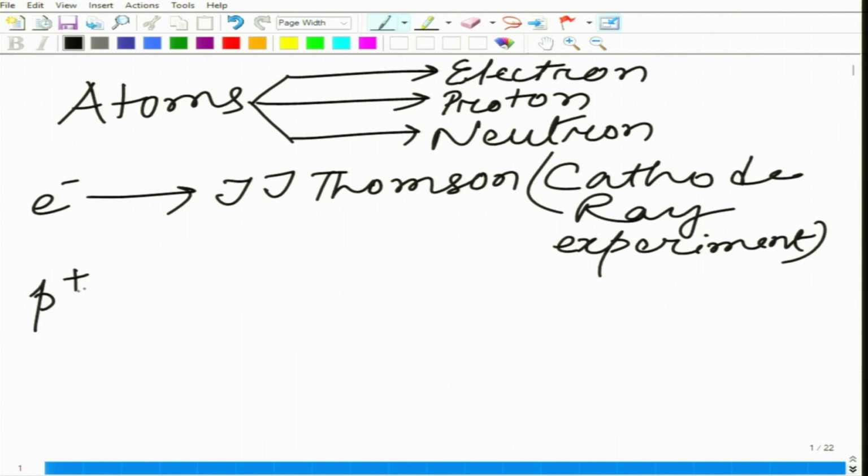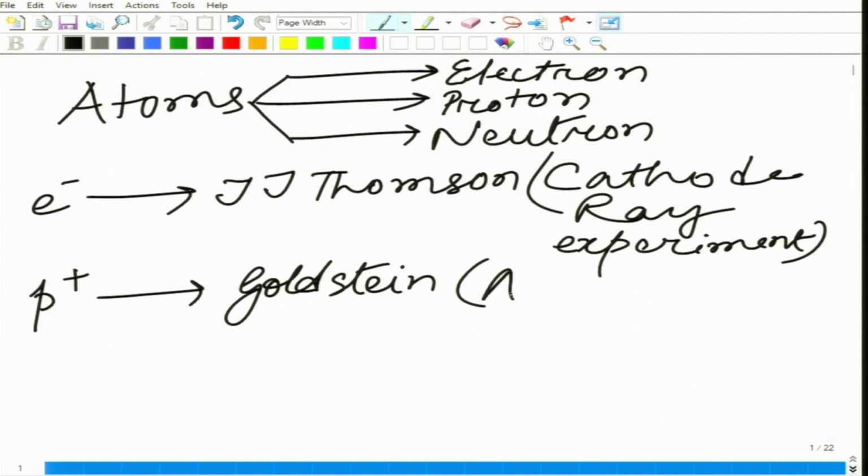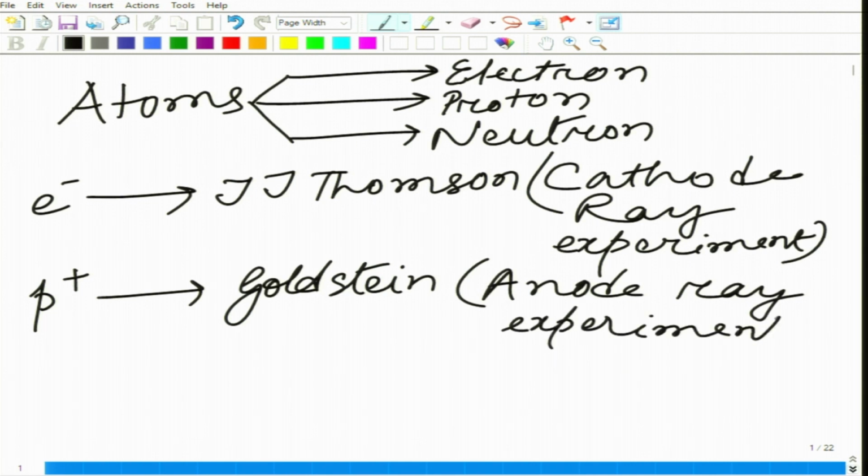And proton was discovered by Goldstein through the anode ray experiment. These two experiments were opposite of each other, but the experimental setup was quite similar.